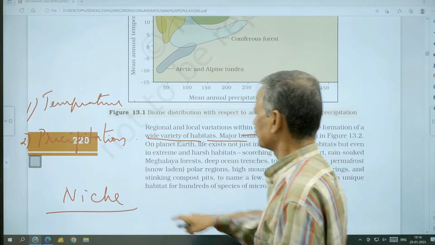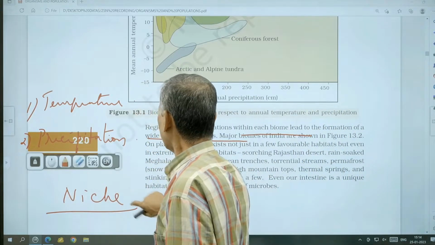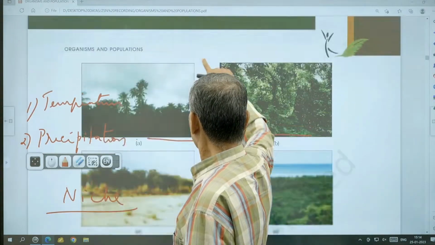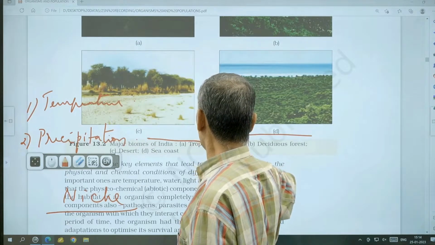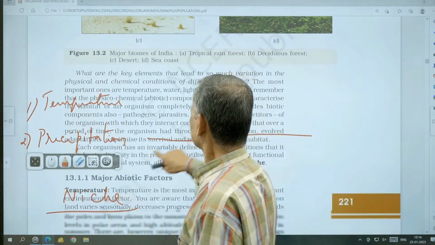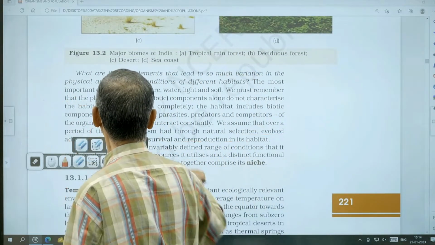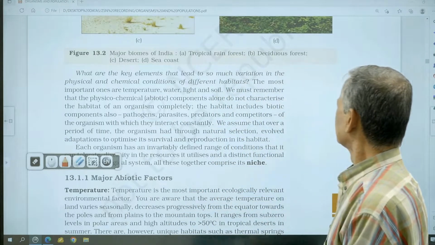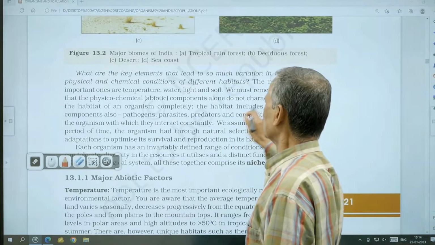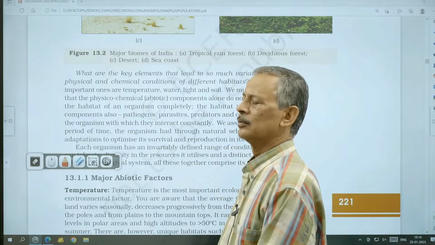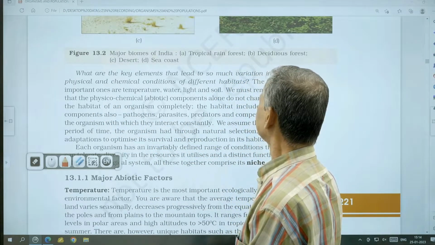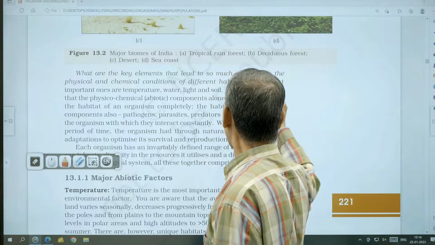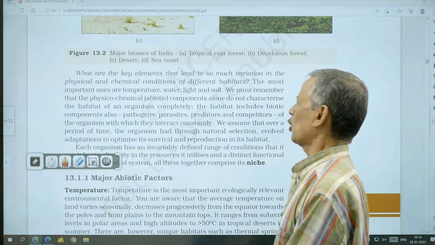Okay. And let us study one by one. We have the major biomes. The habitat includes abiotic and biotic components.